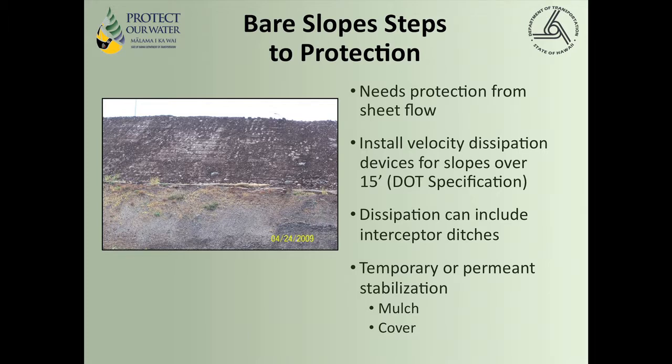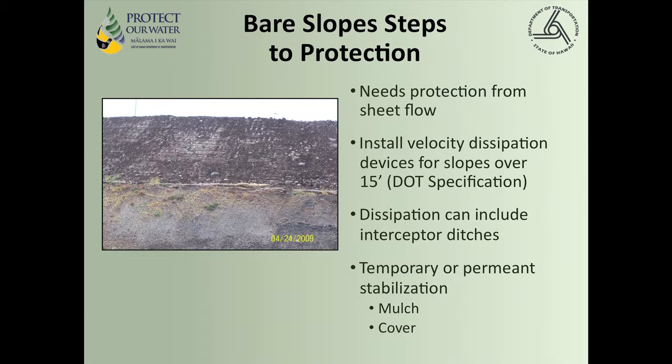Bare slopes need protection. This is a very significant problem on a lot of our construction projects. If they're over 15 feet in height, you need to install velocity dissipation devices. This is part of the DOT specifications and Section 209 of the specifications.